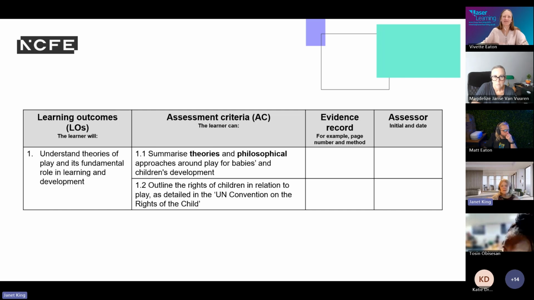Okay, so as we move on to 1.2, you're spending a lot of time on understanding play and theory. That is critical. And then we're outlining the rights of children in relation to play. That gives you the scope to talk about when play might be interrupted for babies and children, and how that might impact them.